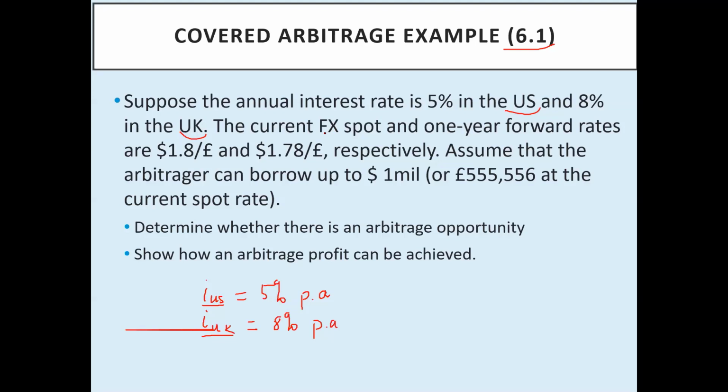Currently, the foreign exchange spot rate and the 1-year forward rate are 1.8 and 1.78, okay? So the spot rate is 1.8 USD per pound. And the forward rate for a 1-year contract is 1.78 USD per pound.